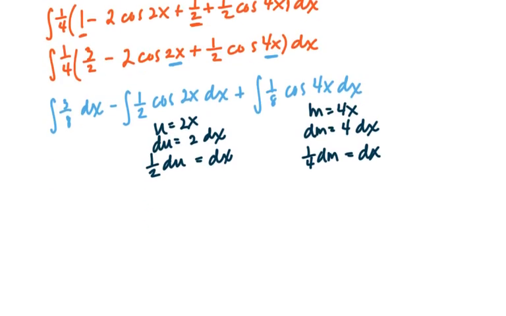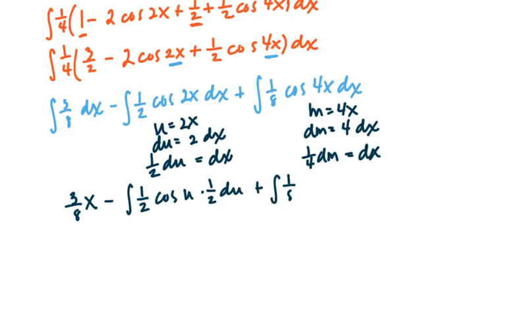All right, so let's rewrite this. Let's go ahead and integrate 3 over 8 dx. That gives me 3 over 8x minus the integration of 1/2 cosine of u times 1/2 du plus the integration of 1/8 cosine of m times 1/4 dm.